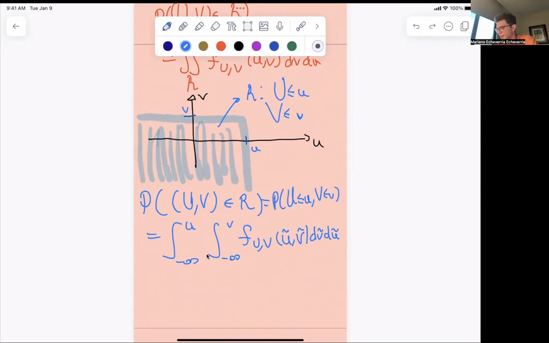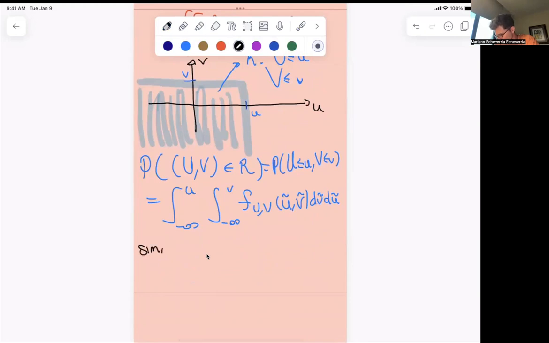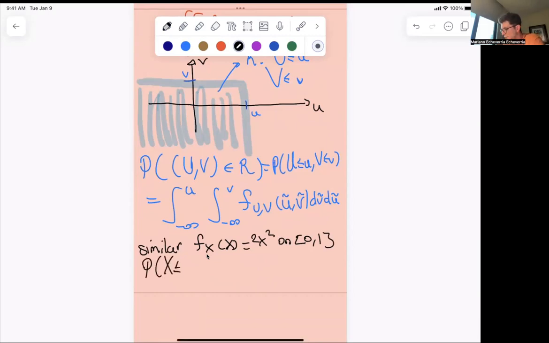To give you an idea, imagine the density function of x was 2x squared on 0, 1. That does integrate to 1. So the probability that x is less or equal to x would be the integral from 0 to x. And the question is, do you want to put 2x squared dx? It just looks a little bit odd because x is already here.